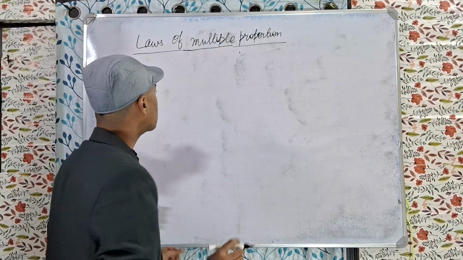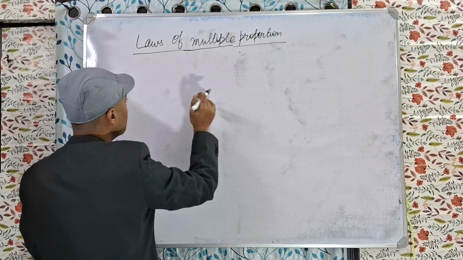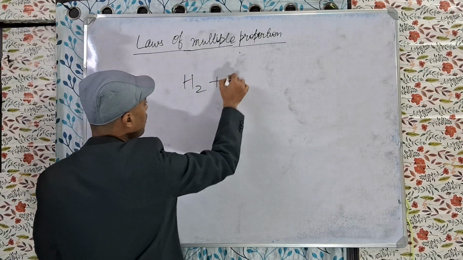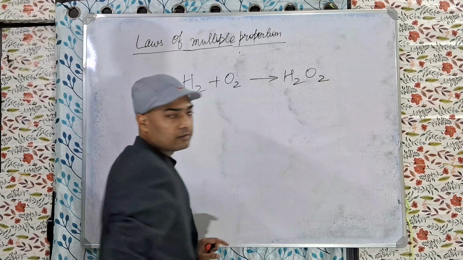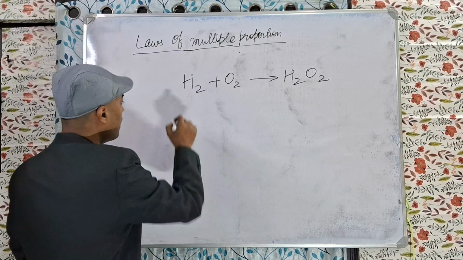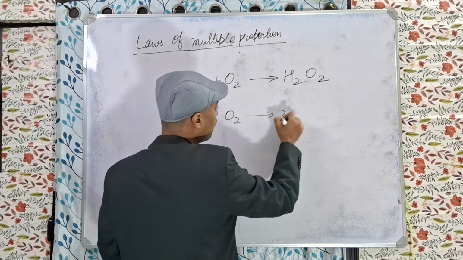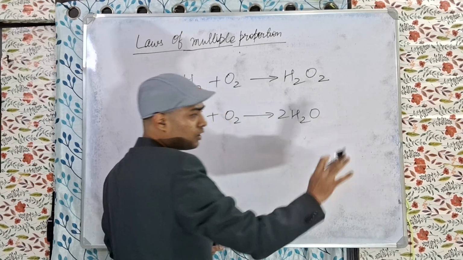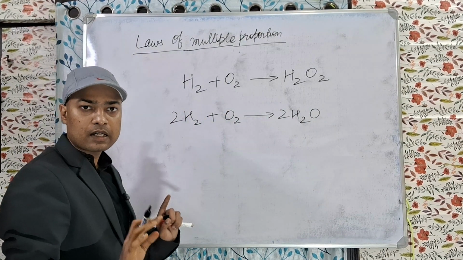Let us consider this reaction between hydrogen and oxygen. Hydrogen and oxygen react to form hydrogen peroxide. Now this hydrogen also reacts with oxygen to form water. Whenever you write the reaction, make sure that you check whether the reaction is balanced or not.